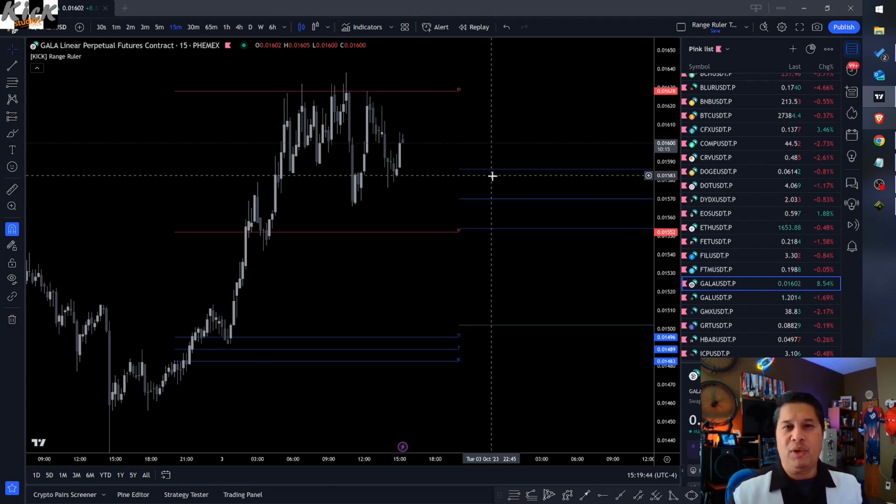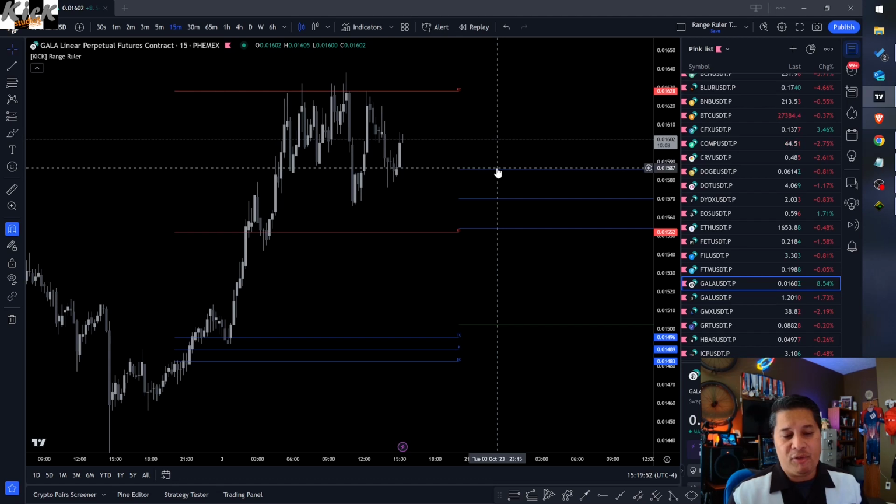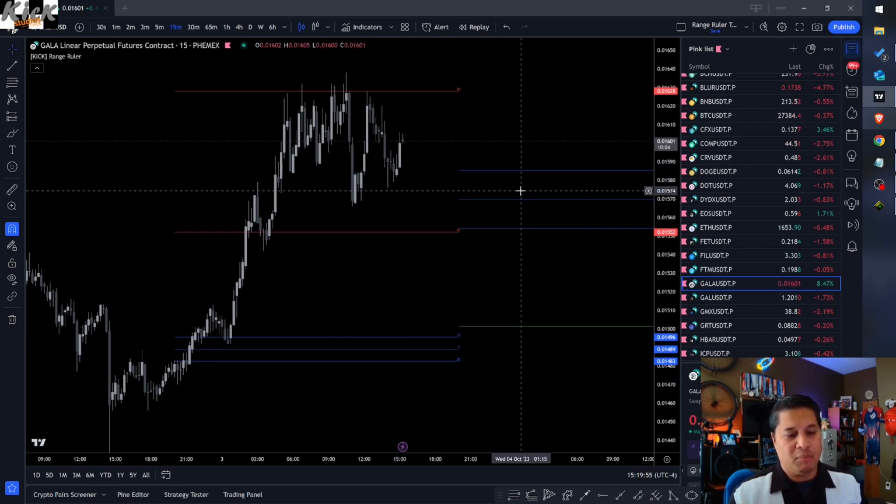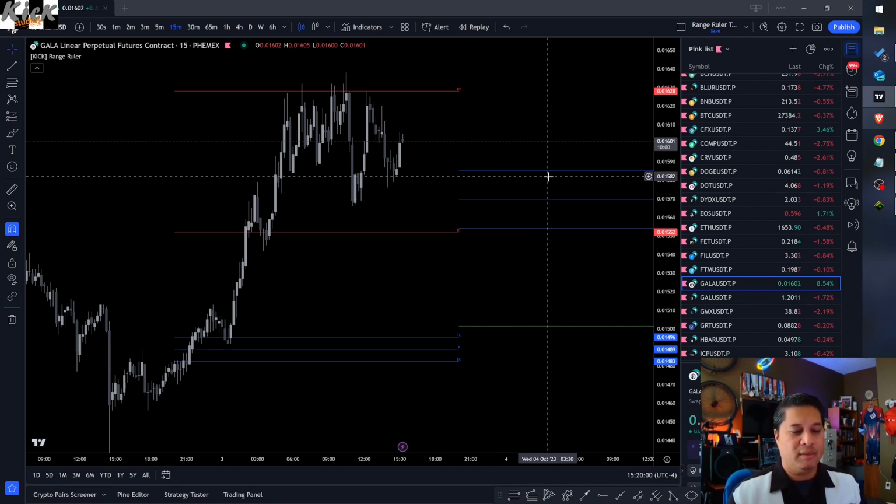And yes, they can move a little bit in that last hour, depending on how volatile your asset is, but at least you'll have an idea of, okay, it looks like our pivot range is going to be higher. So that means it's likely that we're in an ascending trend.